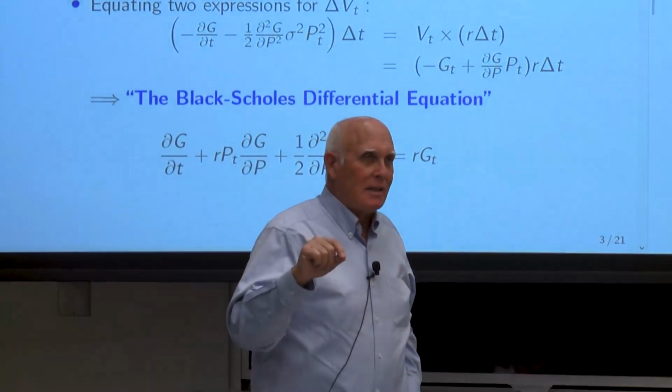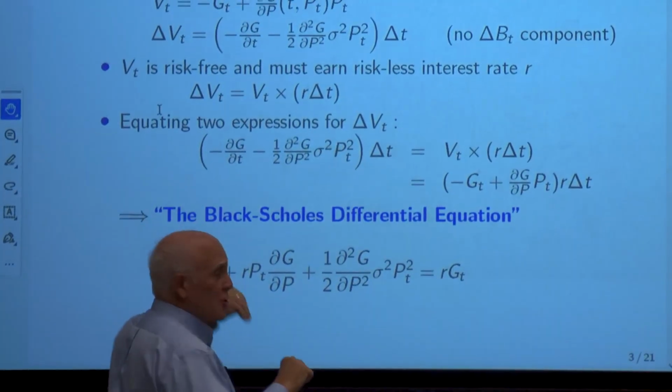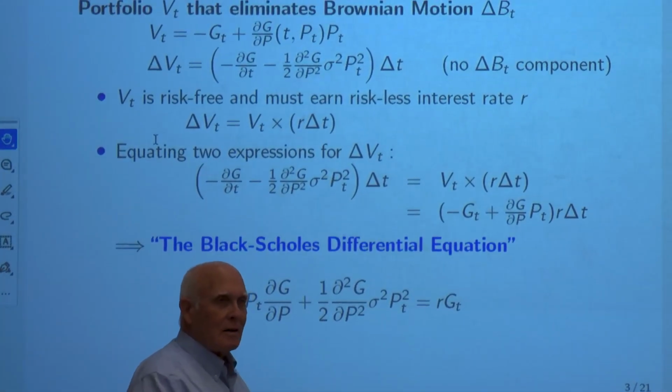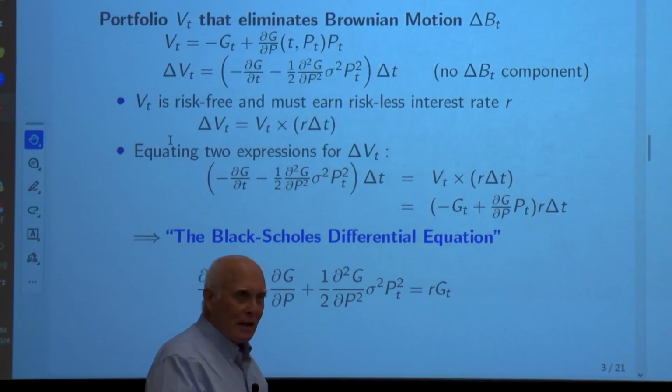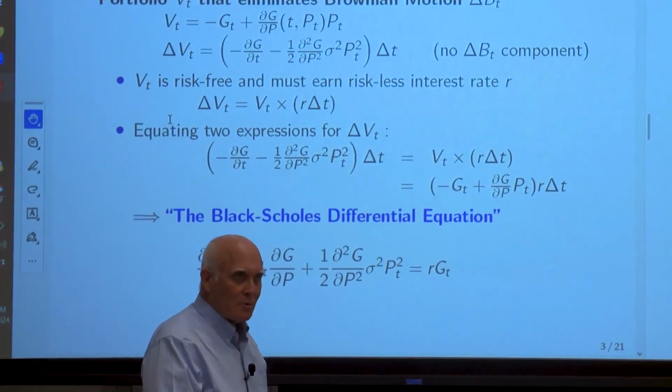So at time little t, we are combining a short derivative claim. Exactly, we ignore what happens before.